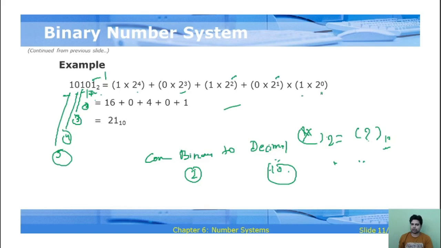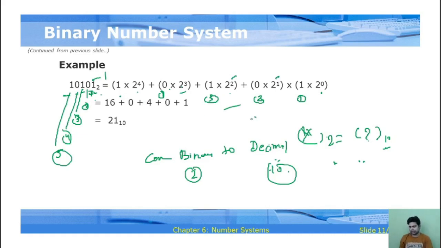The first digit is multiplied by 2 to the power 0, then the second digit by 2 to the power 1, then the third by 2 to the power 2, the fourth by 2 to the power 3, and the fifth by 2 to the power 4.